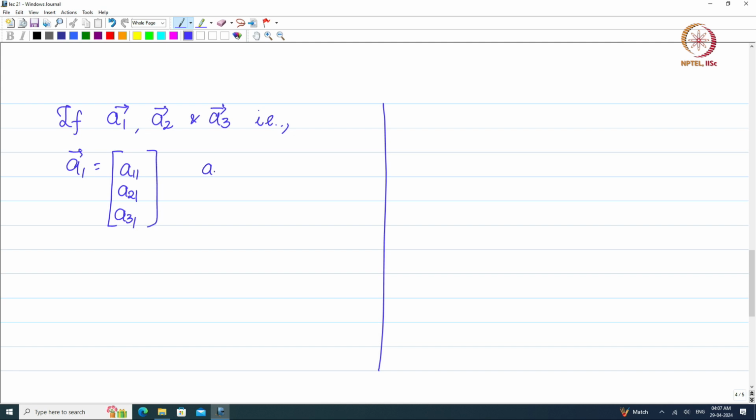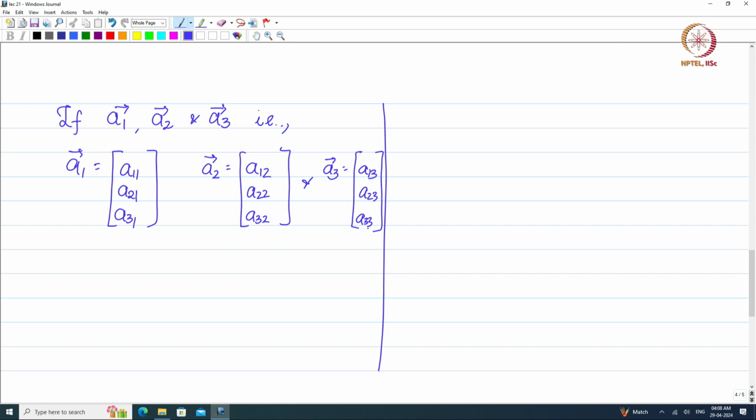The A2 vector is basically A12, A22, A32, and the A3 vector is this, A13, A23, A33.